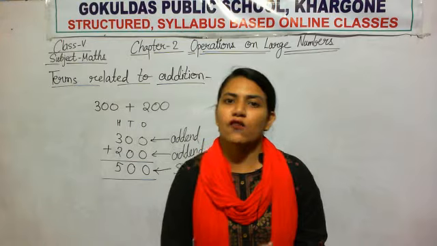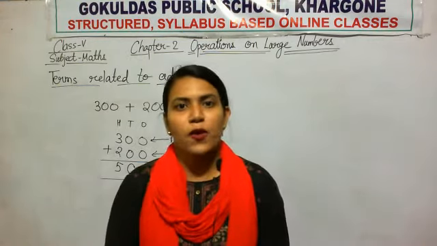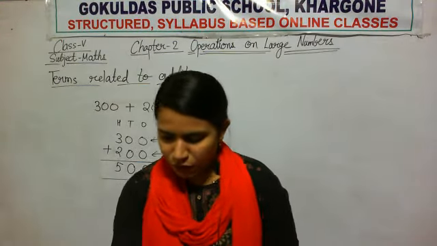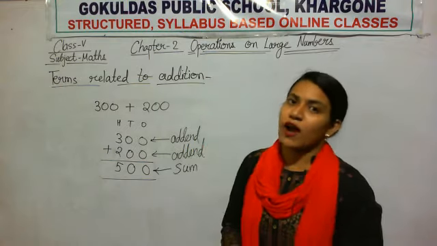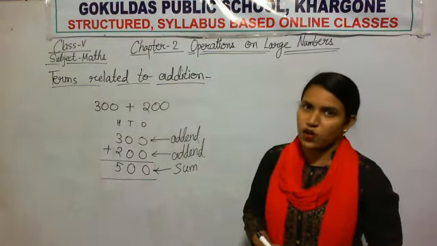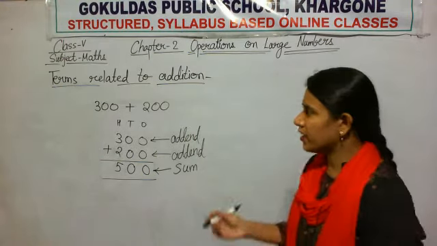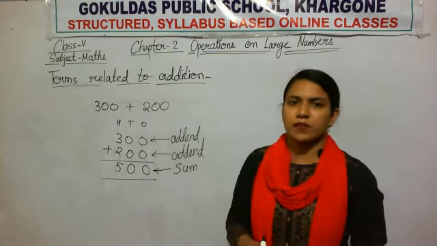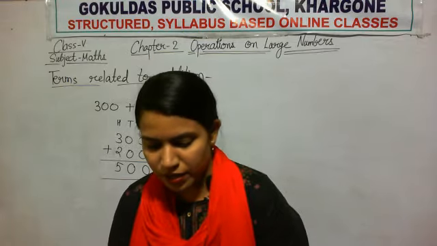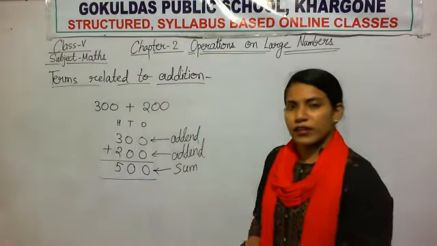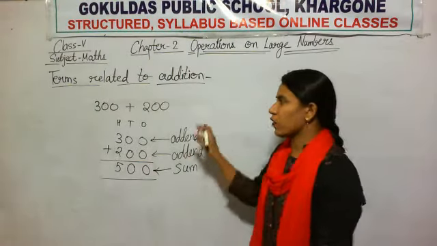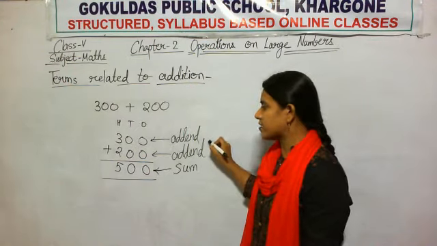Addition and subtraction of large numbers are performed in the same manner, as you have done addition and subtraction of 3-digit, 4-digit numbers, right? Here the process is the same to add or subtract large numbers also. What are the terms related to addition? Addends and sum.